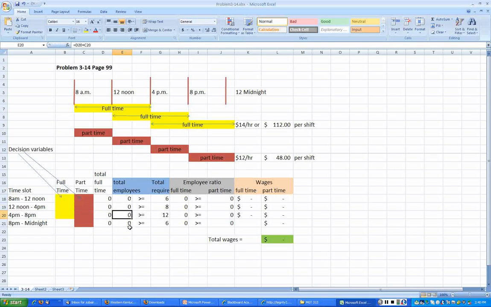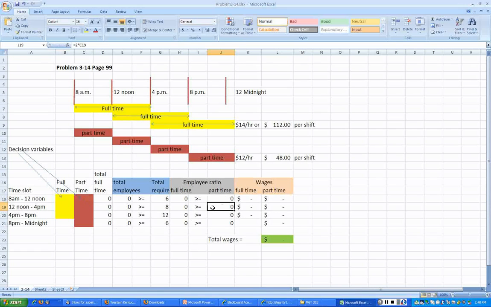This number should be greater than or equal to that. The total full-time, whatever gets written down here, passes that information here, and should be greater than or equal to twice the number of part-timers. This is where the part-timer solution would be written.